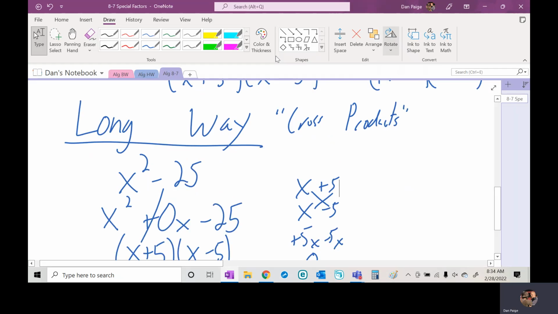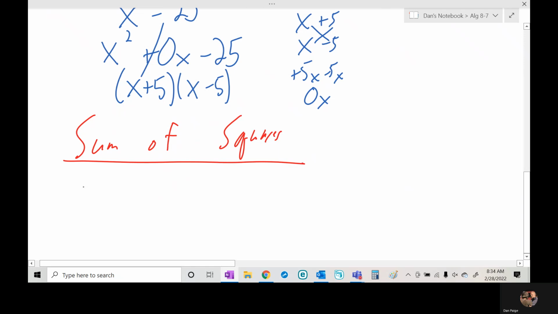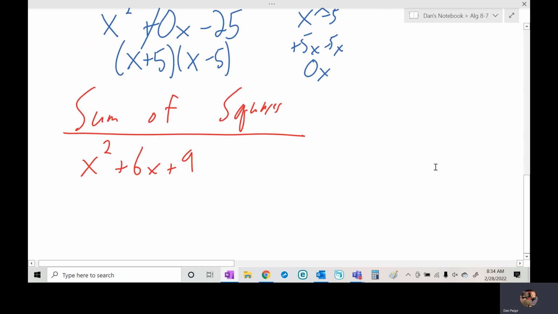The sum of squares, same thing. Here's the thing with the sum of squares, though. It's harder for students to recognize that it's a sum of squares. That's a very normal thing.